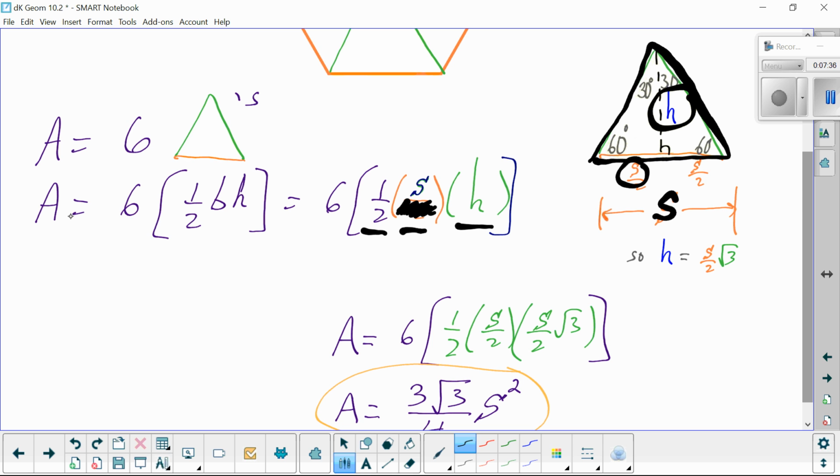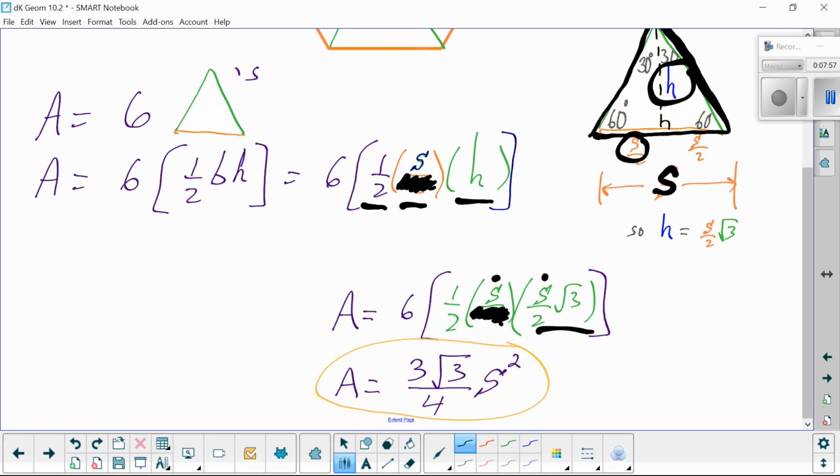And therefore, the area of the entire hexagon is 6 of those triangles, where each triangle is 1/2 times the base times the height. So we have 6 on top. 6 divided by 2 is 3. So we have 3 on top, 3 root 3. S times S is S squared. And on the bottom, we have 2.